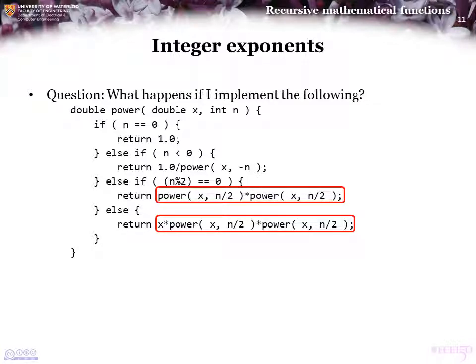What happens instead to the efficiency if we were to call the power function twice? Again, that's beyond the scope of this course, but if you're interested, try it out and see which implementation is more efficient, this implementation or the previous one, and try to determine why.